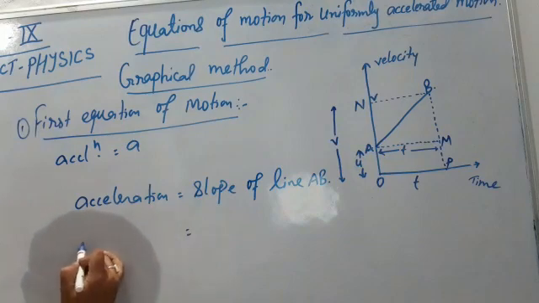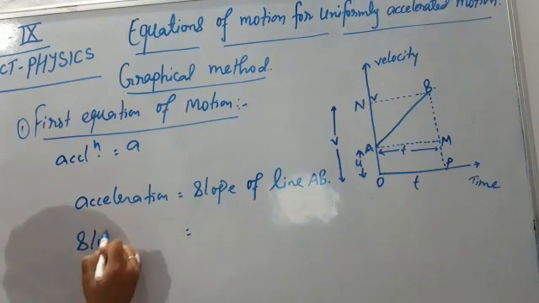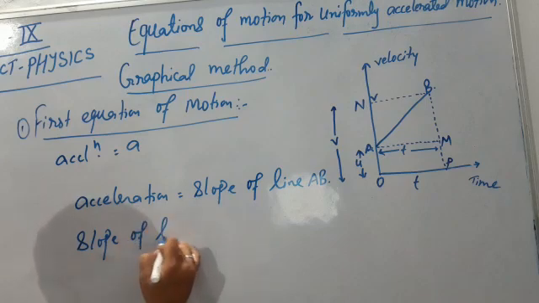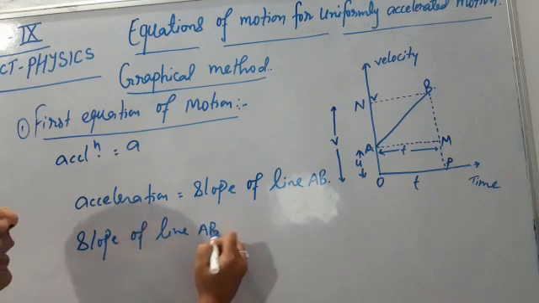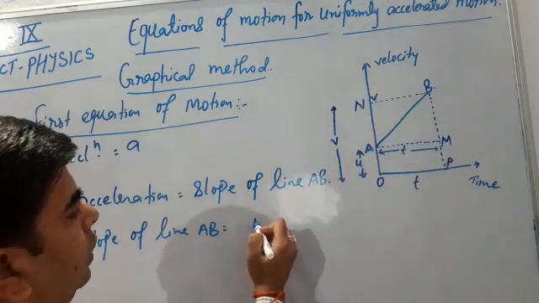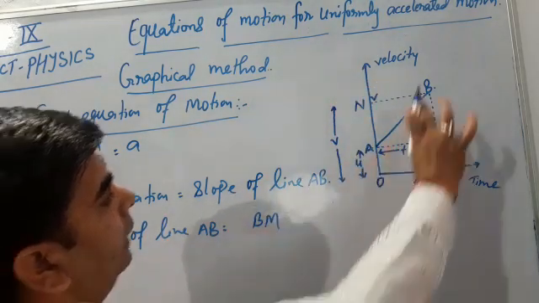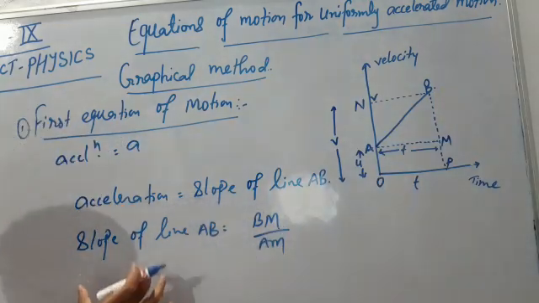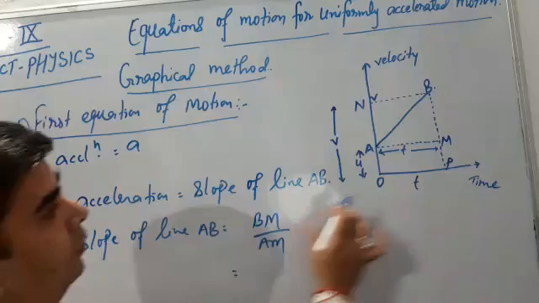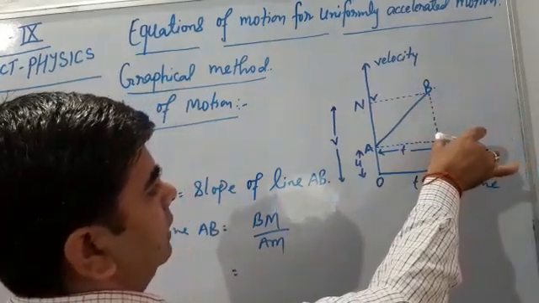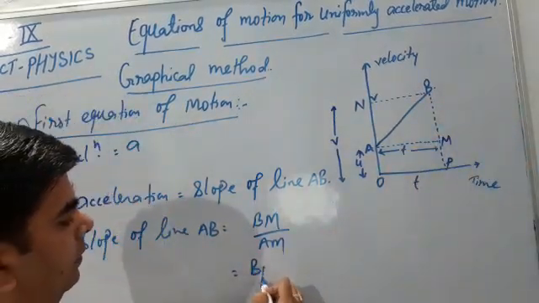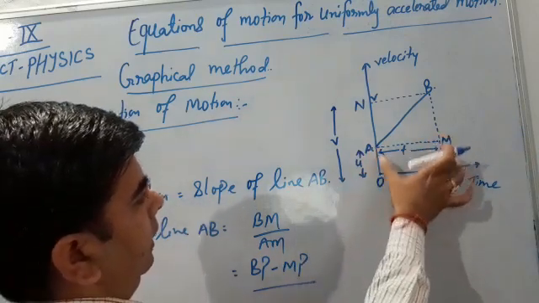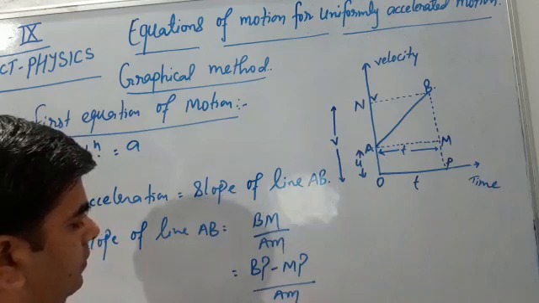It means the slope of line AB is equal to BM by AM. Now BM we can write as BP minus MP, by AM.